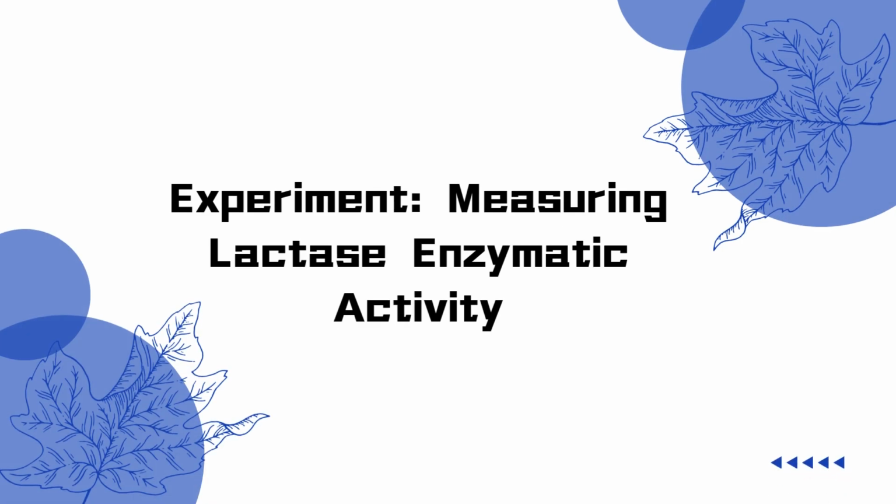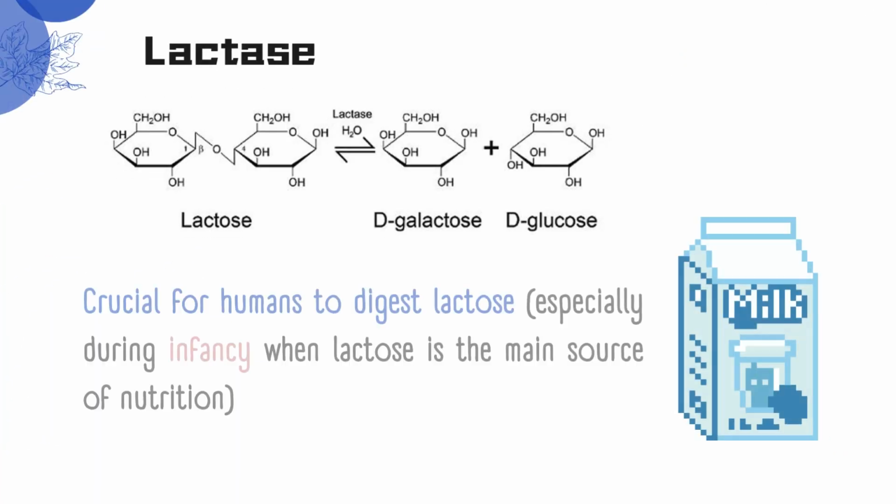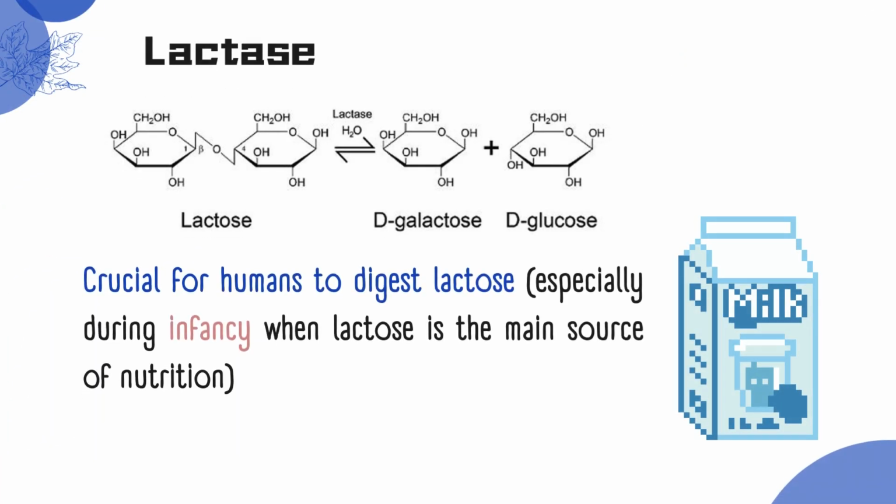After learning this basic knowledge, it is easier to comprehend our experiment topic, measuring lactase enzymatic activity. Lactase, the enzyme of interest in this experiment, is a glycoside hydrolase that breaks down lactose, a disaccharide in milk, into monosaccharide components, glucose and galactose.